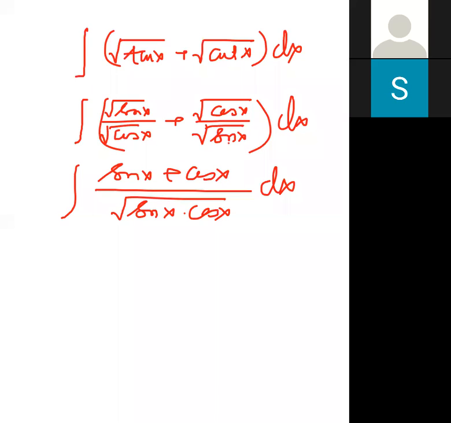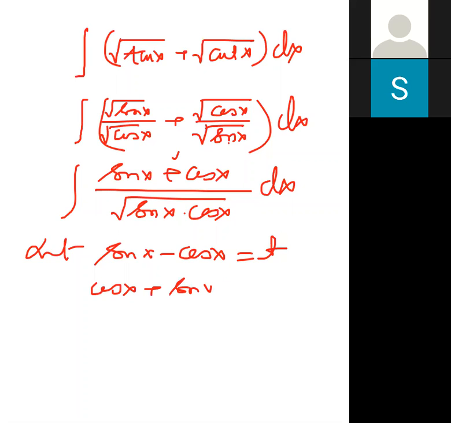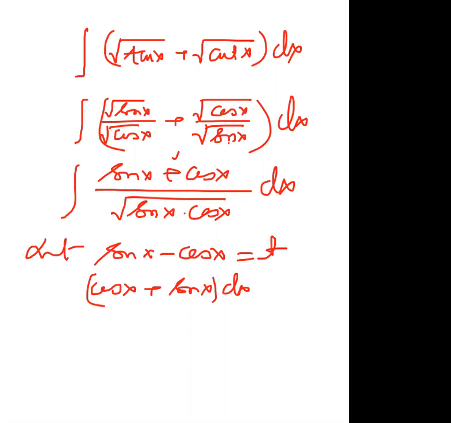Now this question has come to the right place where we need to suppose sin x minus cos x equal to t. What hint I had given you, whatever is given with the opposite sign, we need to suppose as t. Now cos x plus sin x dx will become dt.